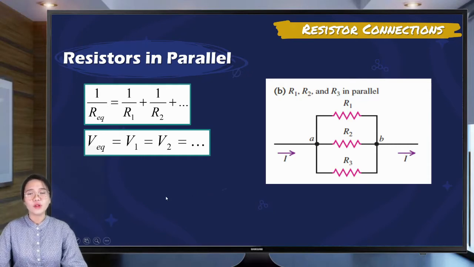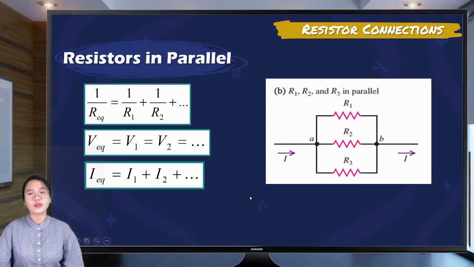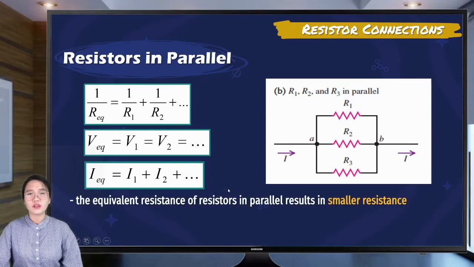Now, your voltage is just equal for all of your resistors, while your current will now be divided to each of your resistors. So important points, the equivalent resistance of resistors in parallel results in smaller resistance, meaning your Req in parallel connection must be lesser than your R1, R2, R3, and so on.